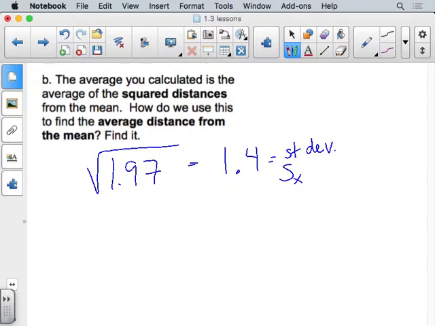So maybe I'll give it a crack here. On average we are 1.4 pets from the average of, what was it, like 2 point something? What was our average? 2.6?